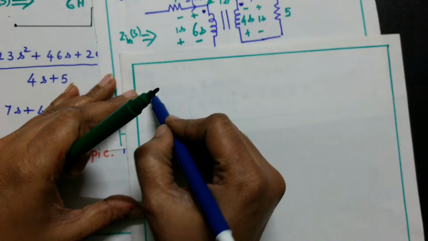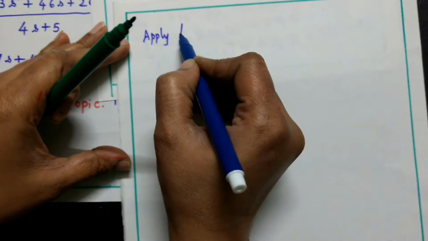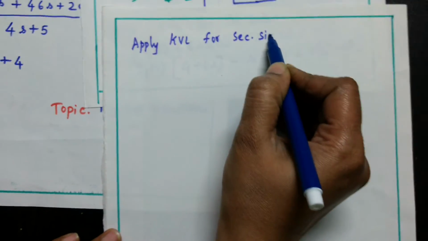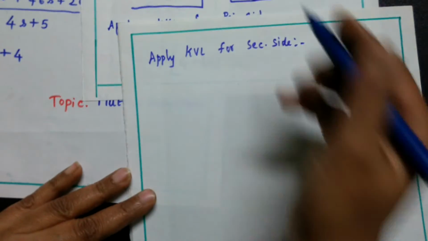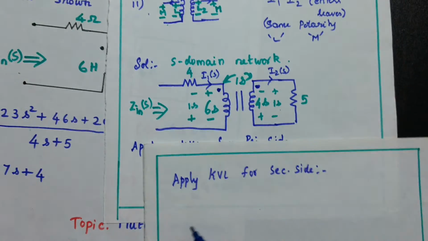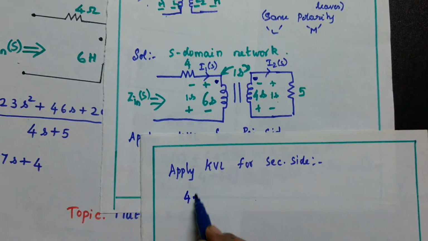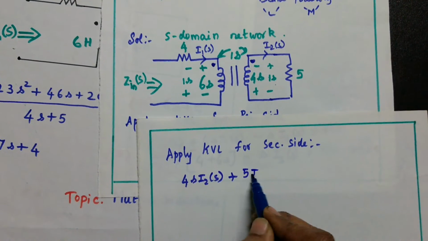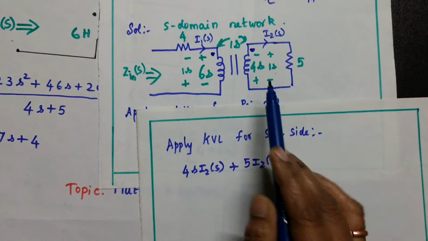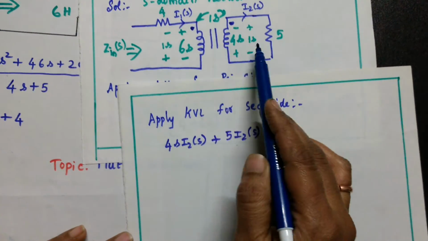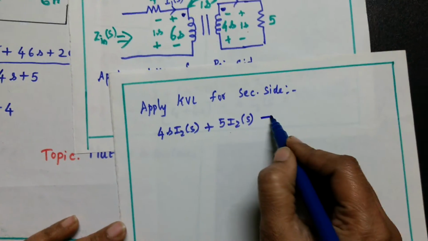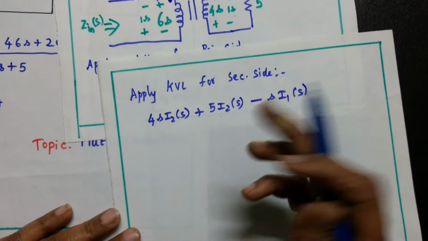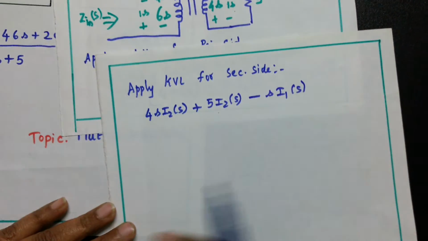And now applying Kirchhoff's voltage law for secondary side. So in the secondary side, I2 of S is the current at the secondary side. So 4s into I2 of S plus 5 I2 of S. Here self inductance and mutual inductance is of opposite polarity, minus S into I1 of S. So at the secondary side, mutually induced EMF will be due to the flux set up in the first coil.